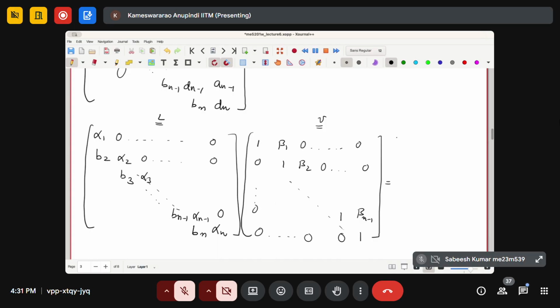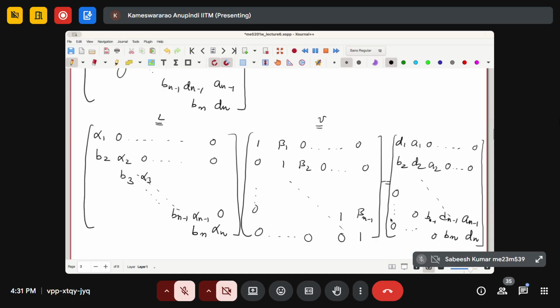Okay, equals what I have on the right hand side, which is basically D1, A1, 0, all the way to zeros. And then B2, D2, A2, 0, all the way to 0, and so on. We have Dn, we have an minus 1, dn minus 1, bn minus 1. This is bn, this is 0, this is 0, everything else is 0. Okay, so that is how the L and U matrices are going to look like.